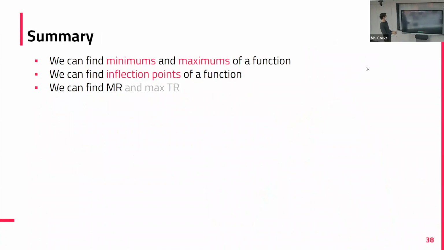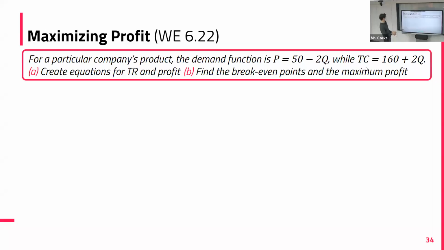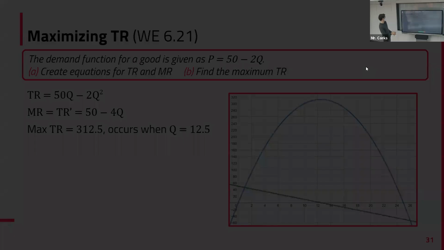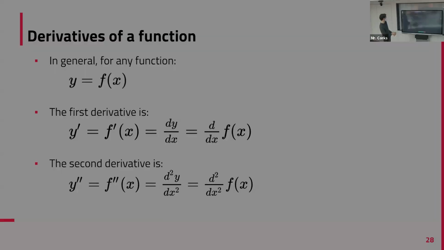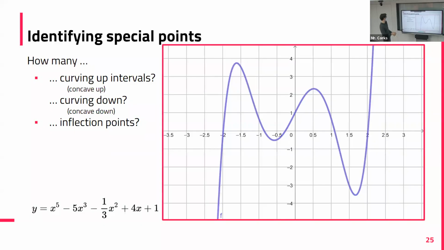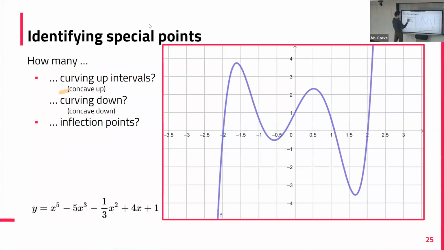There was one term I skipped over. Okay. All right. Forgot to mention a few things. Formally, in any other math textbook, instead of saying curving up, they will say concave up and concave down.